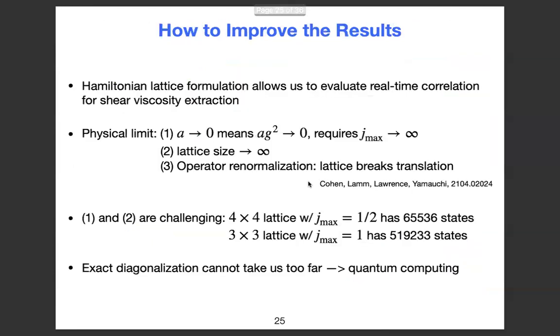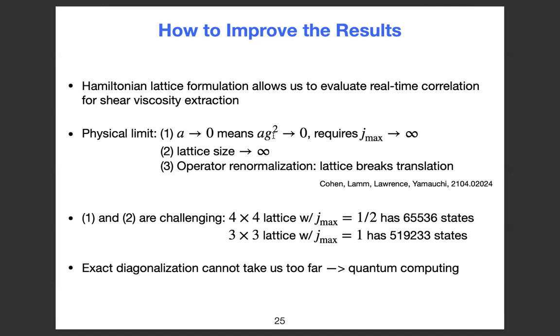Okay, so this is an intermediate summary of the classical results. The Hamiltonian lattice formulation allows us to evaluate the real-time correlation functions to extract the shear viscosity, but we want to achieve a physical limit in the end. That requires us to take first the continuum limit, which means the lattice spacing goes to 0.